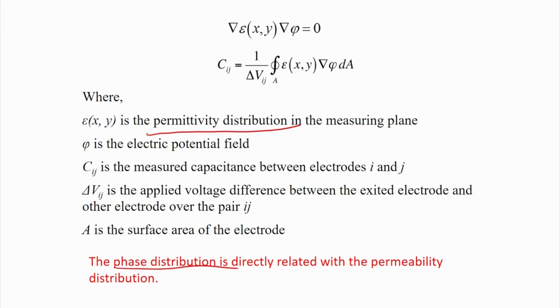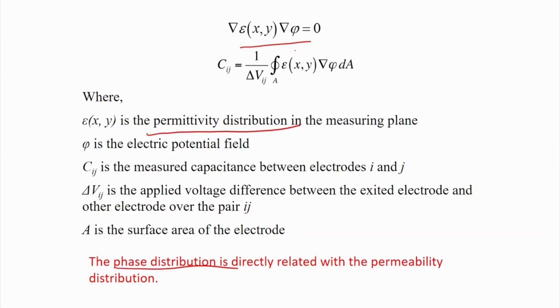So, you measure the electric potential across each probe, and that electric potential is related by del epsilon into del phi equal to 0. So, how much potential is given, what is the permittivity distribution, and the capacitance measured across the 2 electrodes, say 1 and 2, where I and J show the electrode numbers, between electrode I and electrode J.